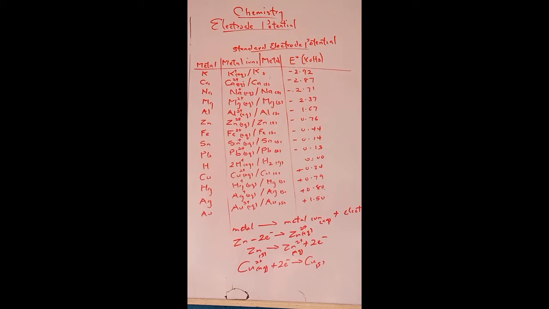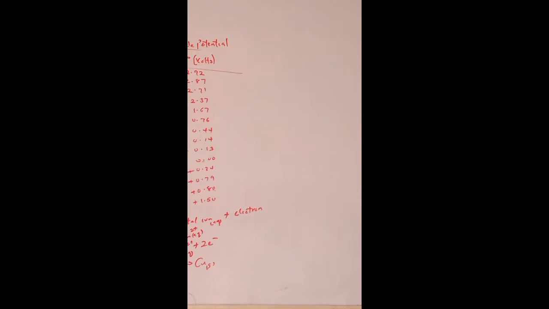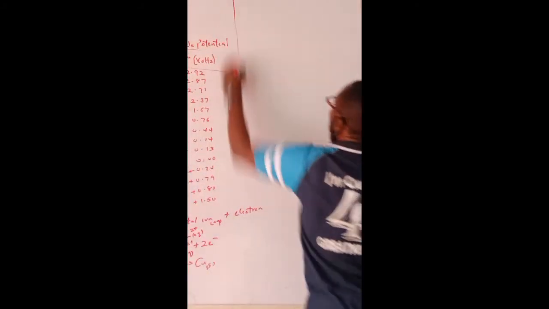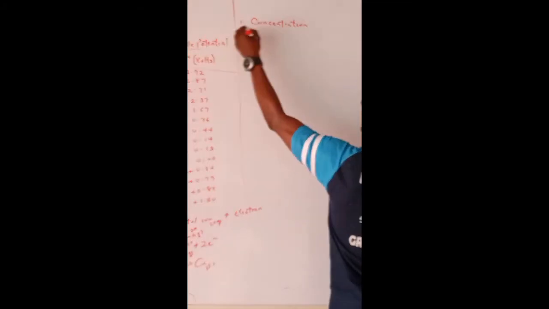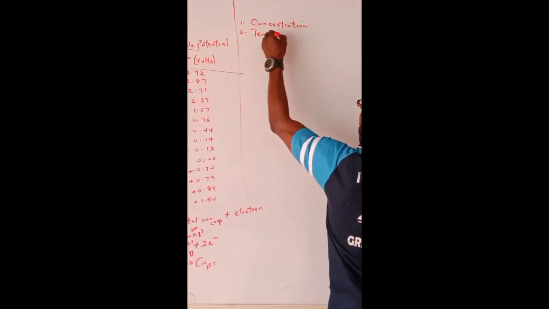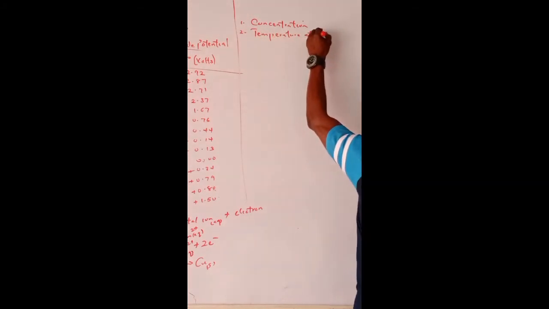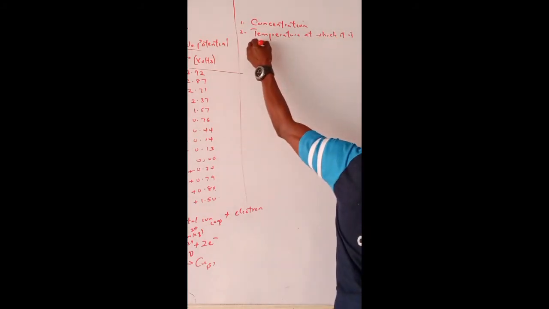The electrode potential for a particular metal depends on, one, the concentration of the metal ions, and two, the temperature at which it is measured.